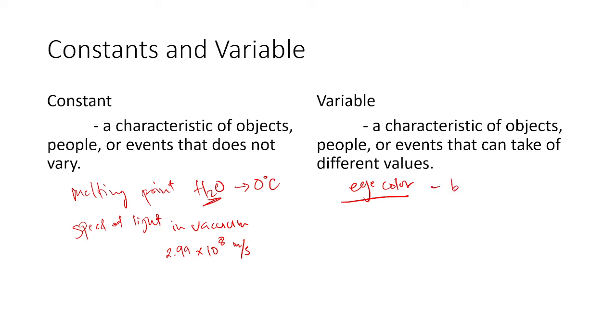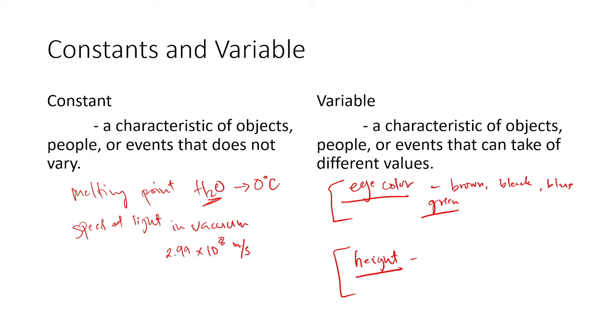Pwede siyang brown, pwede siyang black, pwede siyang blue, pwede siyang green, okay, and so on and so forth. Ano pang pwedeng variable? Pwede rin height. Okay? That changes for different samples or individuals in the population. So, magbabago-bago siya. Okay? So, as you can see here, meron tayong parang categorical dito. Meron din tayong numerical. But in any case, both of them are actually variables.